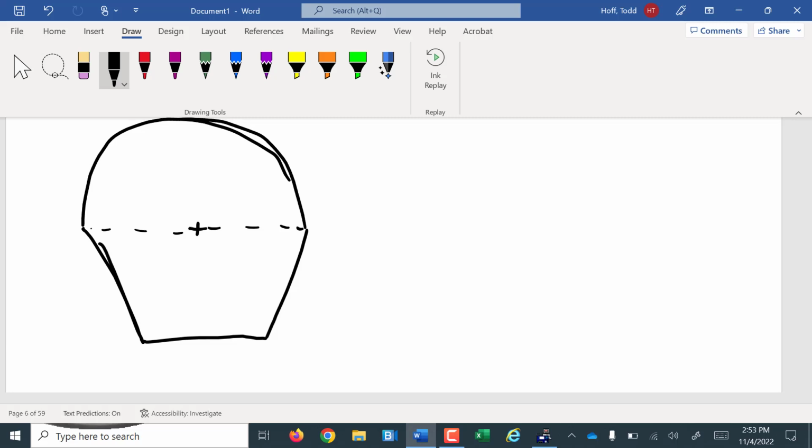Pretend that looks like a half circle. Kind of looks like a head. Oh, that was actually good. That's so mean.